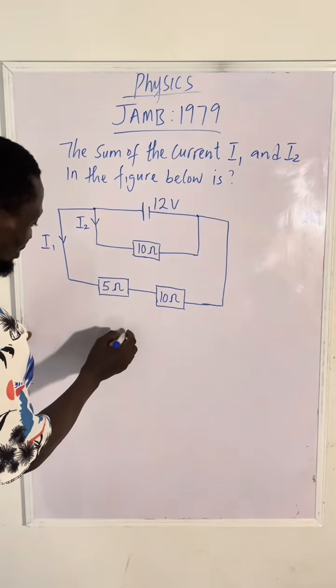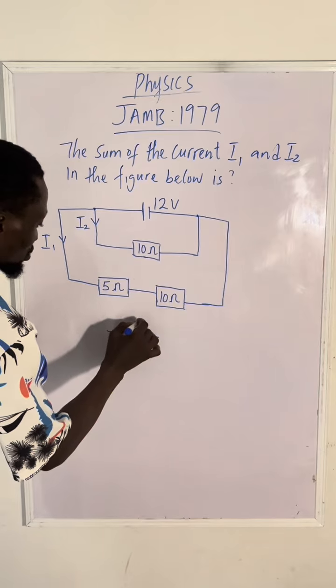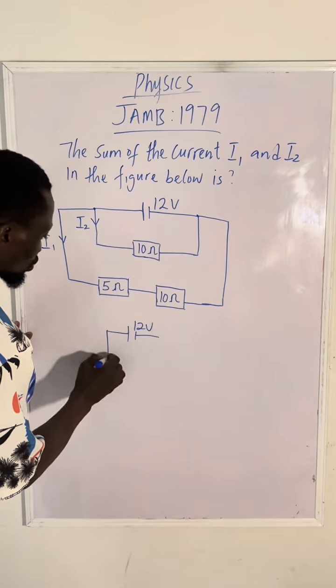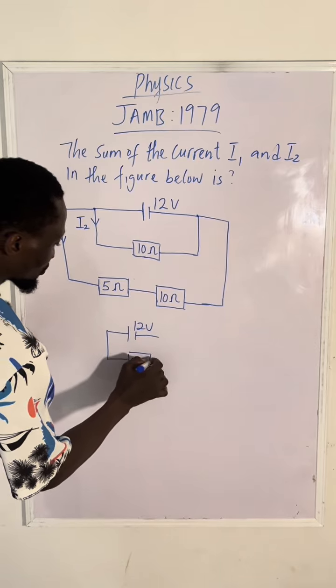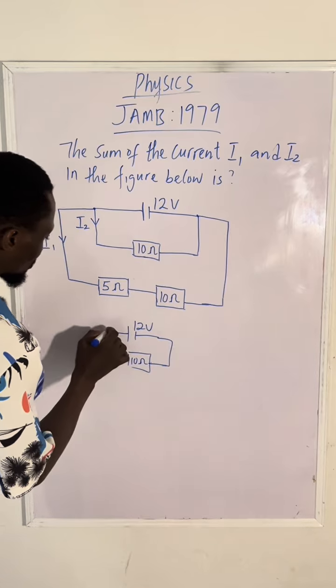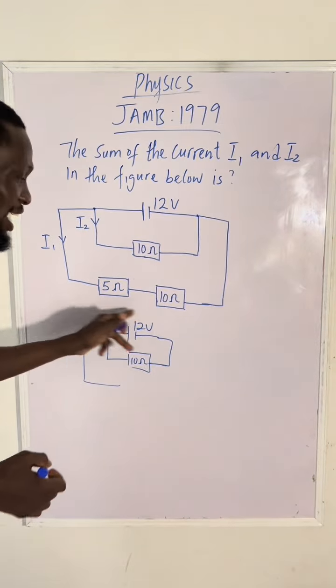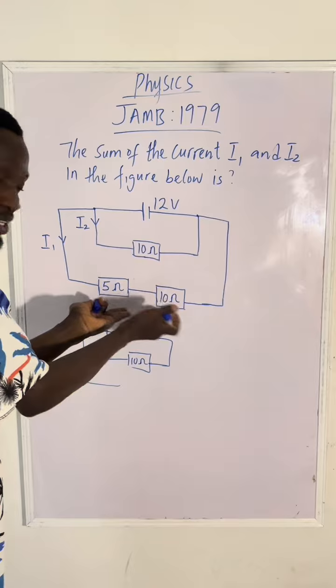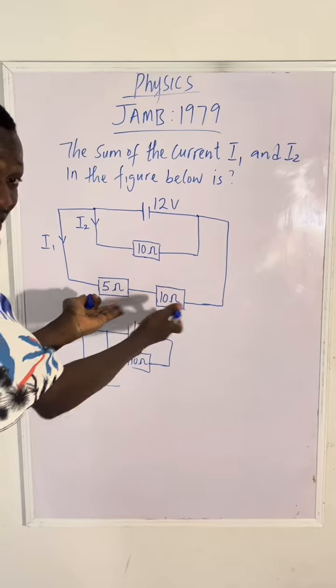So we have a voltage, which is still 12 volts. Here we have the 10 ohm resistor. Now, these two resistors together, they are in series, side by side like this.